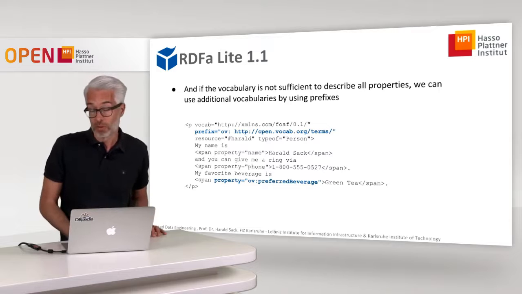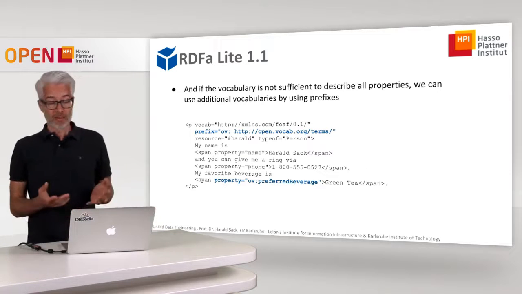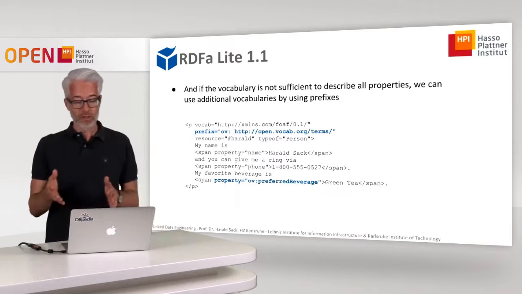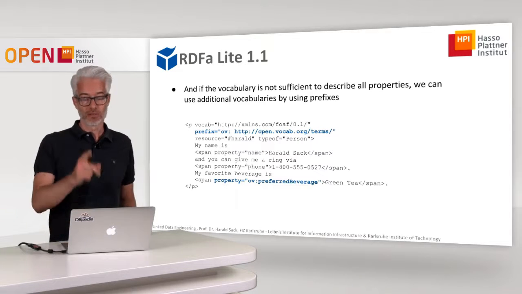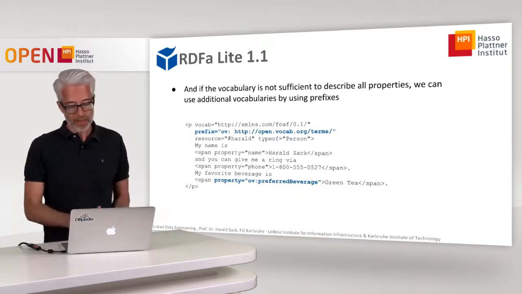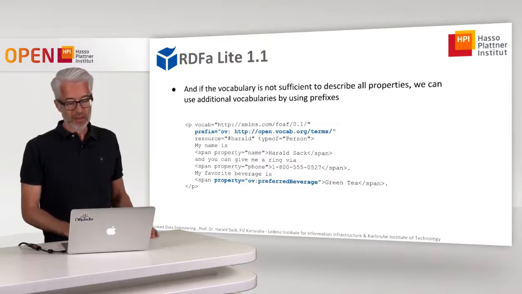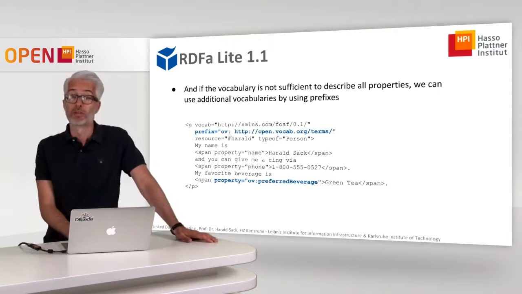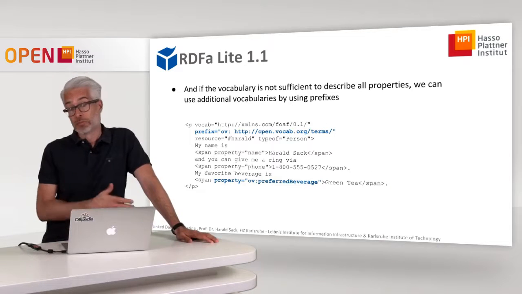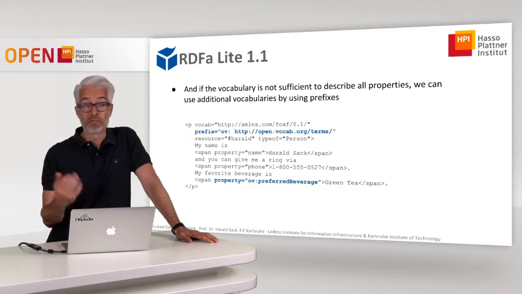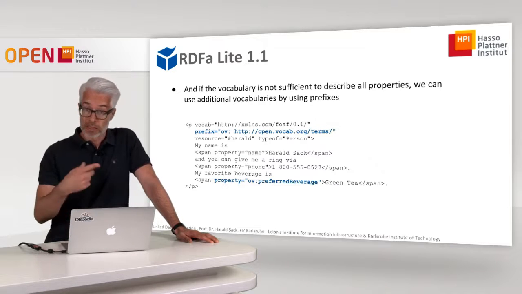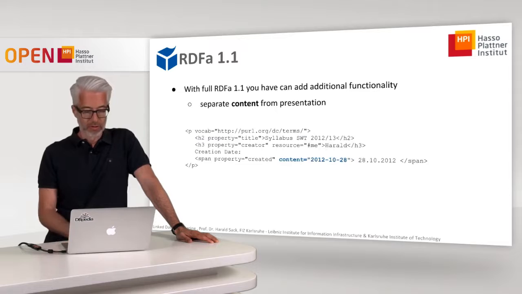It works perfectly in the same way as in Turtle. So OV: is substituted by the URI prefix that you have defined above. And then I write that my preferred beverage is green tea. So I can use any vocabulary I like. I have to define only prefixes for that, and therefore they cannot be mixed up. So this is also quite simple.